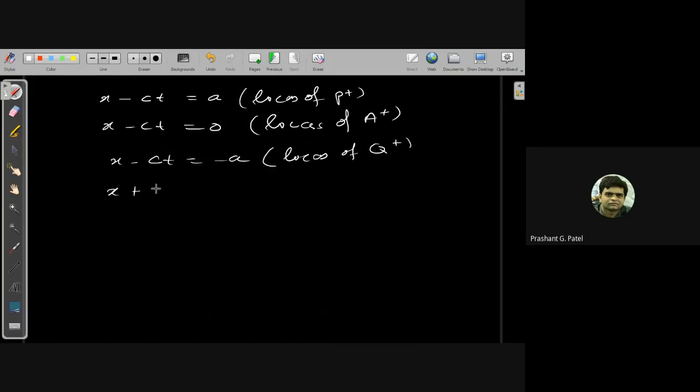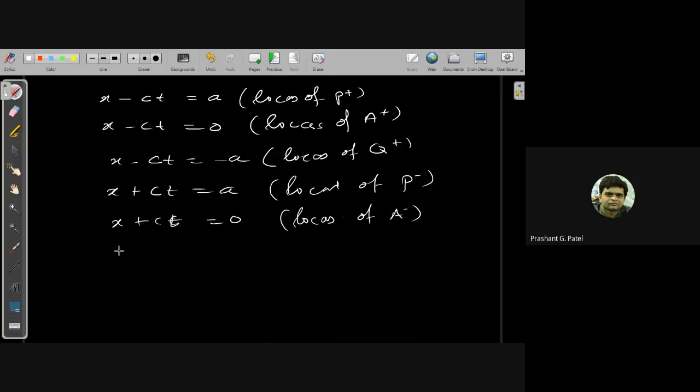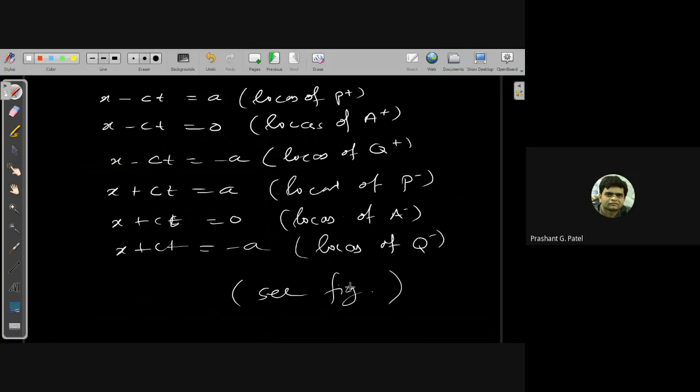Then x plus ct is a, that is locus of p minus. x plus ct is 0, that is locus of a minus. x plus ct is minus a, that is locus of q minus. See the figure. Okay, so this is the situation you will have for changing its slopes in the different situations.